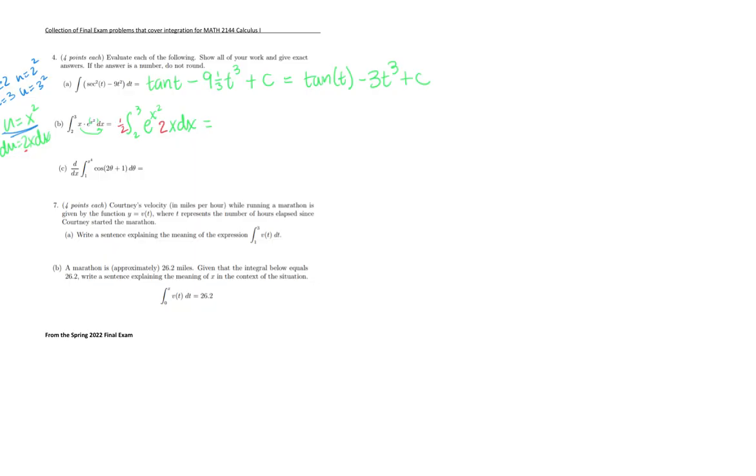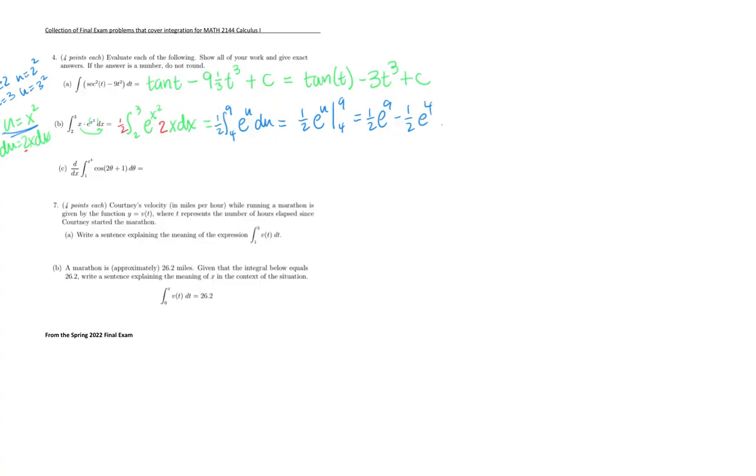So this will be 1/2 times the integral from 4 to 9 of e to the u du. And then an antiderivative of e to the u is just e to the u, so I'll have 1/2 e to the u, evaluated from 4 to 9. And then that'll be 1/2 times e to the 9th minus 1/2 times e to the 4th. So that's my final answer there.